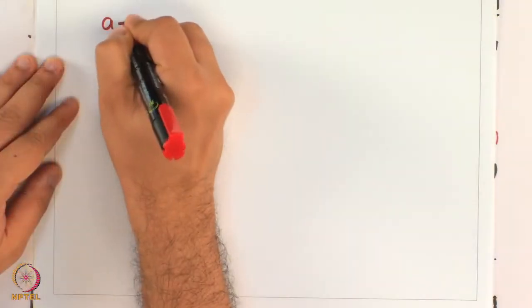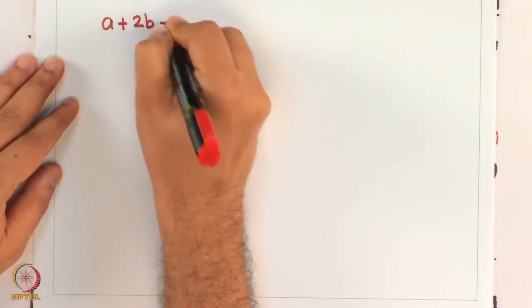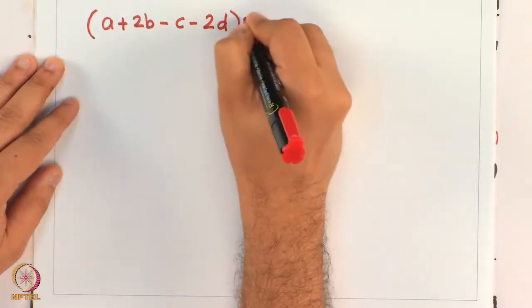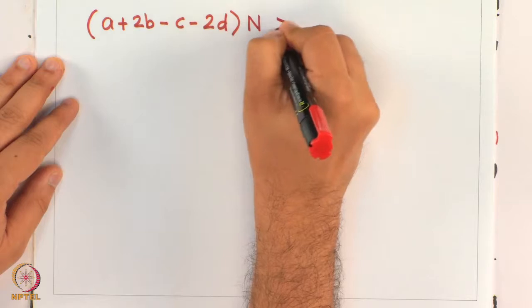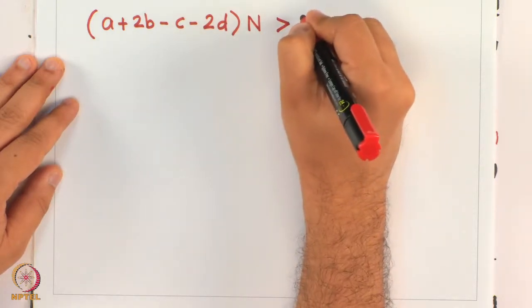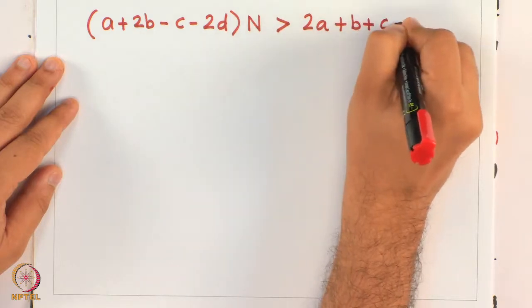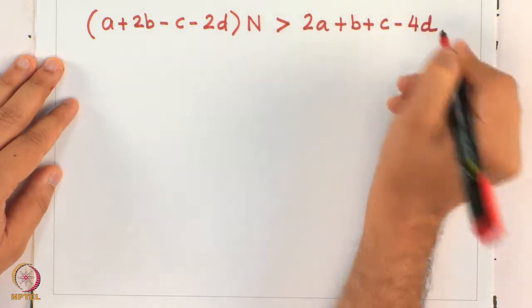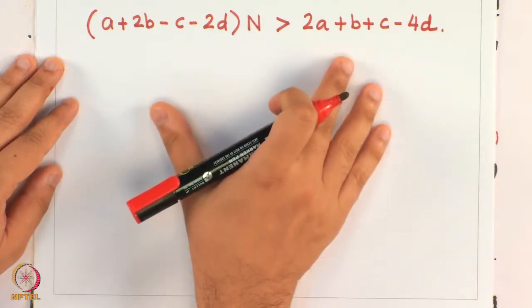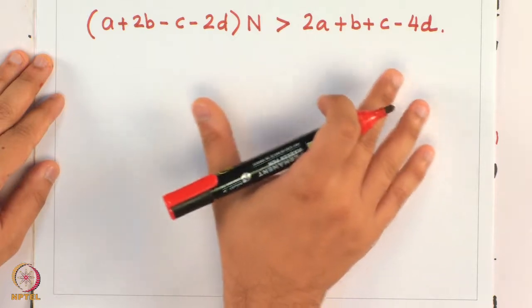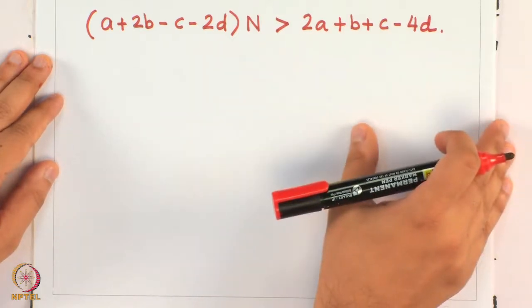So, if I do that substitution, I get a relationship that (A plus 2B minus C minus 2D) times n should be greater than beta, which is just equal to 2A plus B plus C minus 4D. This is the condition that has to be satisfied if my mutant has a fixation probability of more than 1 by n.